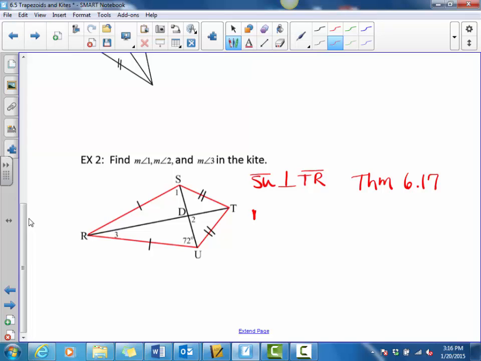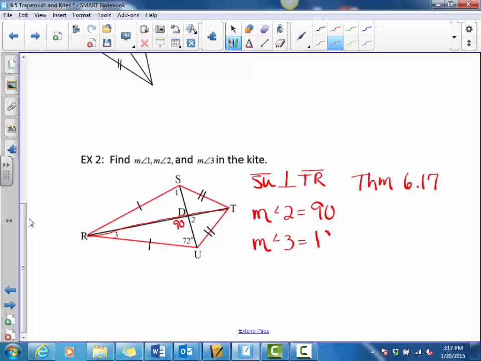Okay, so that means that the measure of angle 2 is 90. All right. So if I know that the measure of angle 2 is 90, that also means that this right here is 90 because they make a straight line. So now if I wanted to find out the measure of angle 3, I can just take 90 minus 72, and I come up with 18.